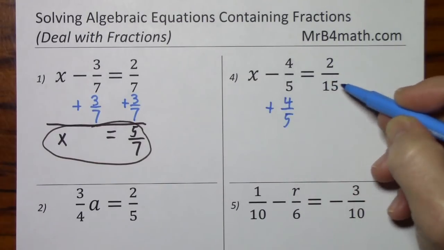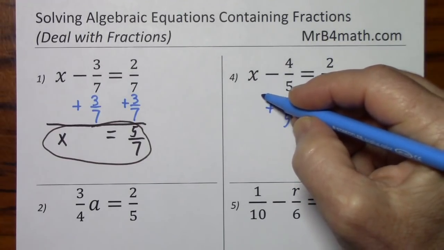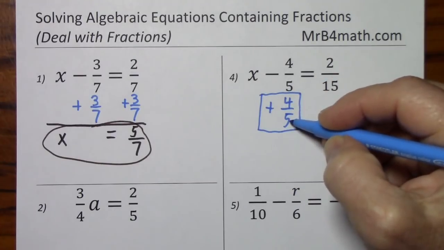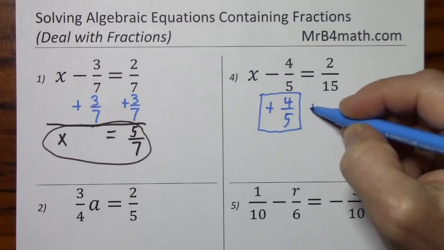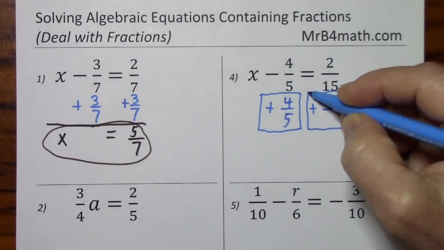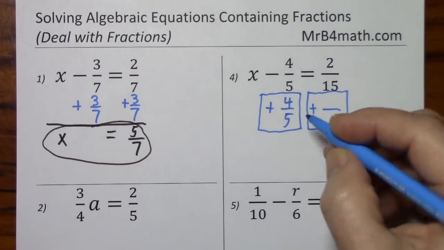But over here, I wouldn't have common denominators. So instead of writing 4/5 as 4/5, since I want a common denominator, I want a denominator of 15.